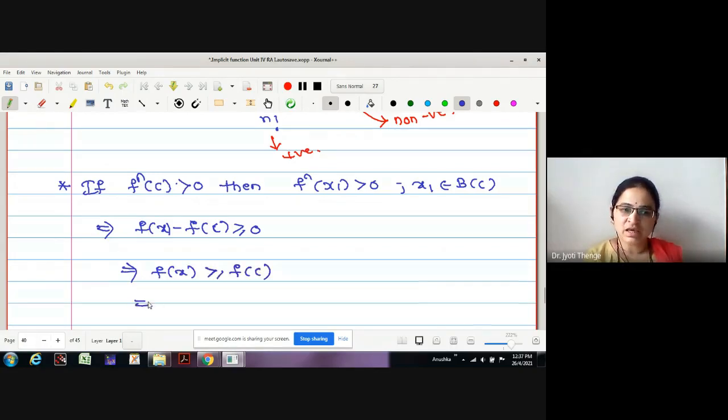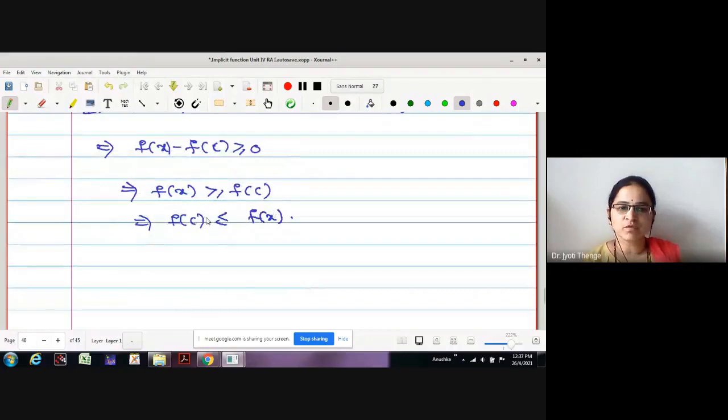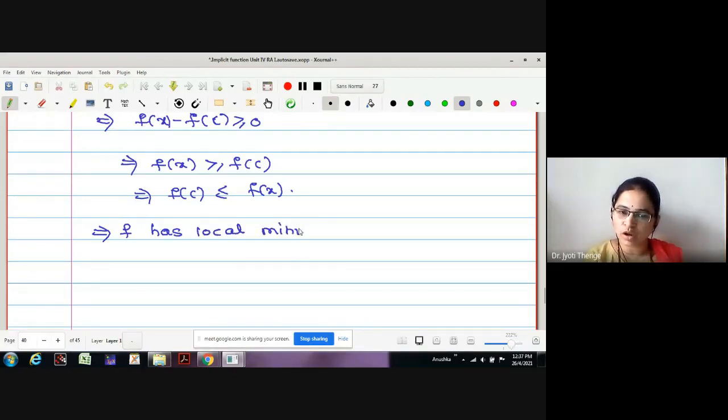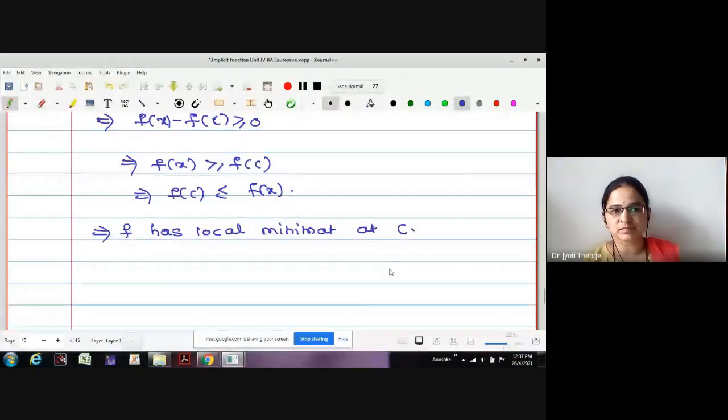That is, f(c) is less than or equal to f(x). What does this relation give me? f(c) is the minimum among all the possible values. Therefore, f has a local minimum at c. Is it understood? First case?